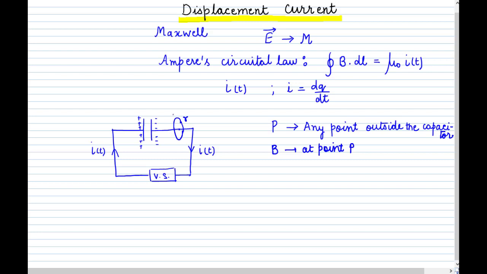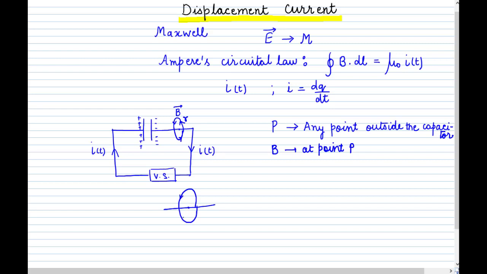Because of this symmetry, the magnetic field B is directed along the circumference of the circular loop, and the magnitude will also be the same at each point. If we zoom in, this is our current carrying wire and this is the circular loop we are considering, with the center here. Since it is a circular loop, it has symmetry at all points.